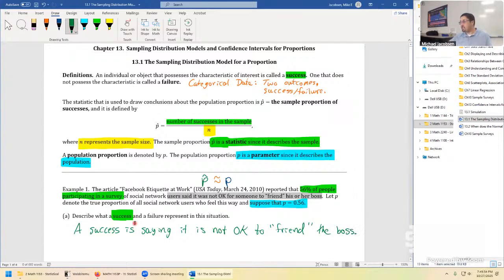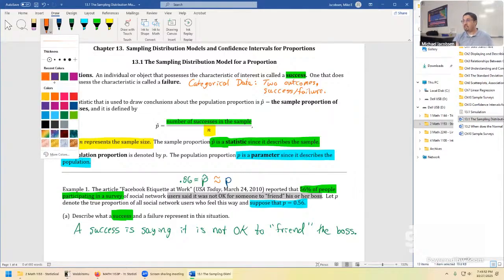So that's what the success is. Then it said 56% of the people participating in the study said it was not okay to friend their boss. That means the p hat over here was the 56%, or the 0.56 if we wrote it as a proportion.